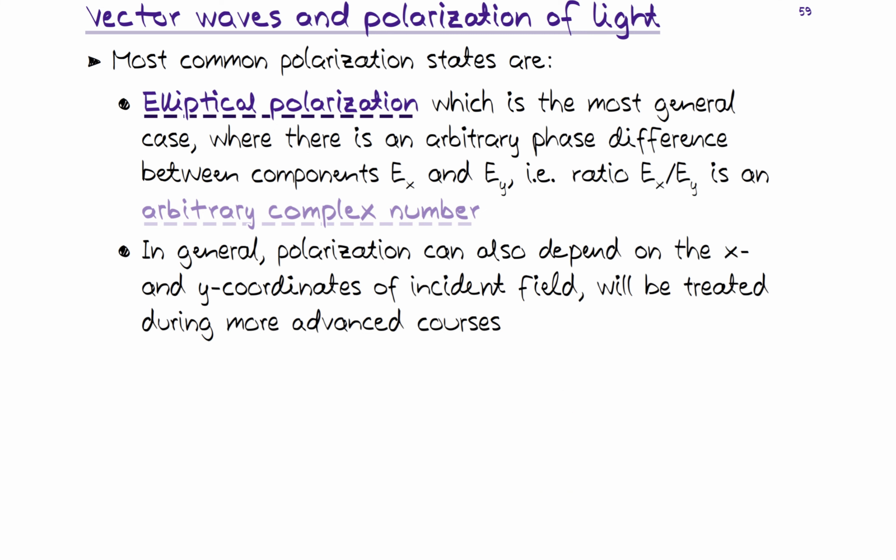For plane waves, the polarization is exactly the same at all locations on the transverse plane, and it doesn't change. But in principle, it could change. One could imagine fields where the polarization vector depends on the location, but we do not go into that kind of extension in this course.